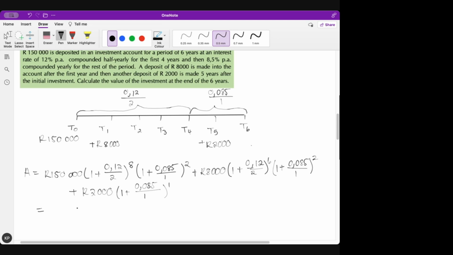Sometimes you cannot fit this whole calculation on your calculator. It's happened to me before. In that case, you will just do the first 2 and then you'll add the third one after you press equals. 1 plus 0.085 squared.